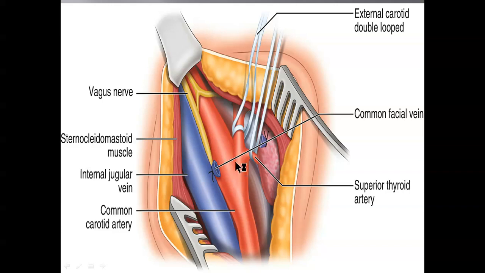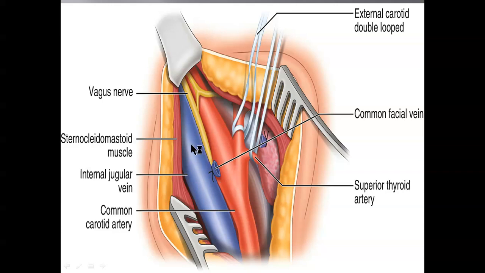That carotid sheath surrounds these three structures: the internal jugular vein, the vagus nerve, and the internal carotid artery or the common carotid artery. The initial part of the common carotid artery is enclosed inside this carotid sheath. The vagus nerve is slightly posterior to the internal jugular vein and the artery. The internal jugular vein is on the most lateral part of this carotid sheath, and the internal carotid artery is on the medial aspect inside this carotid sheath.